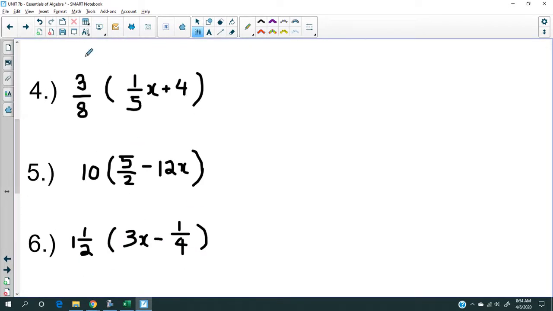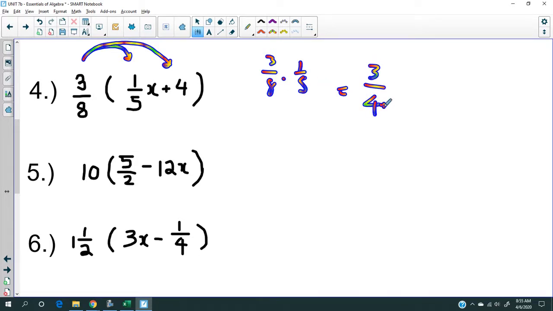So look at this one. We have 3/8 times 1/5 x, and then 3/8 times 4. I did that on purpose because not everything you can cross cancel. So watch this. We're just multiplying, so we're just doing 3/8 times 1/5. 3 times 1, that's 3. 8 times 5 is 40. x plus, now what is 3/8 times 4?